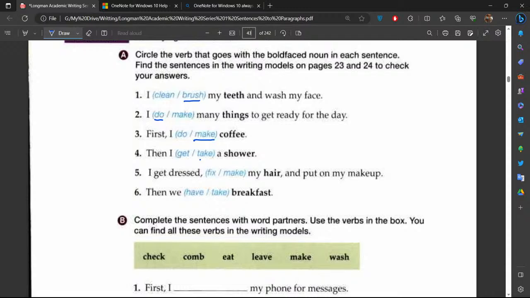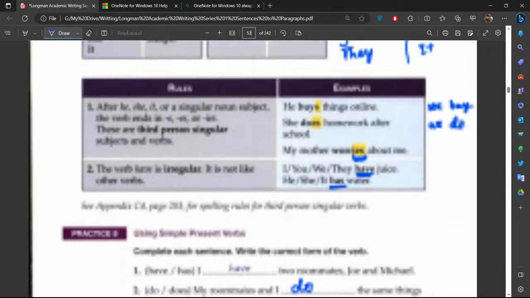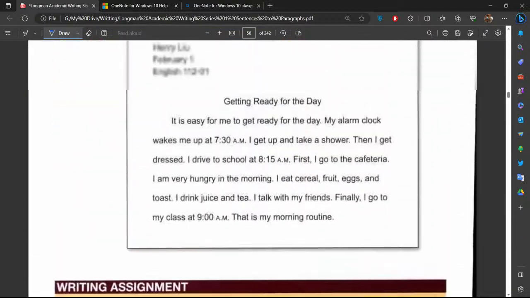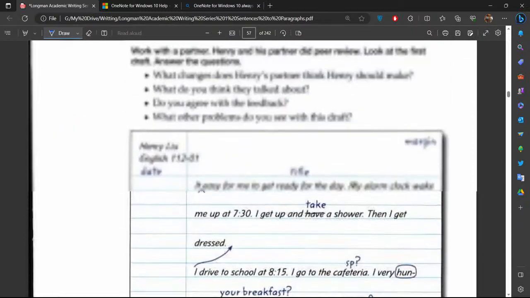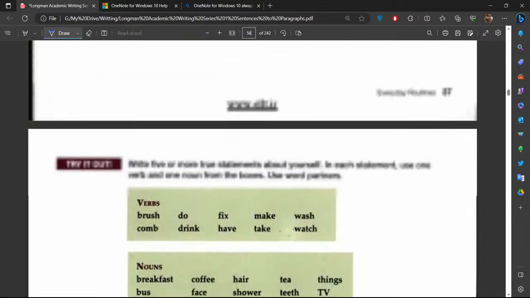We make coffee, we take a shower, I get dressed, fix my hair, and then we have breakfast. So these are the collocations that are very important, to know which words go together and form a partner. Very important thing.